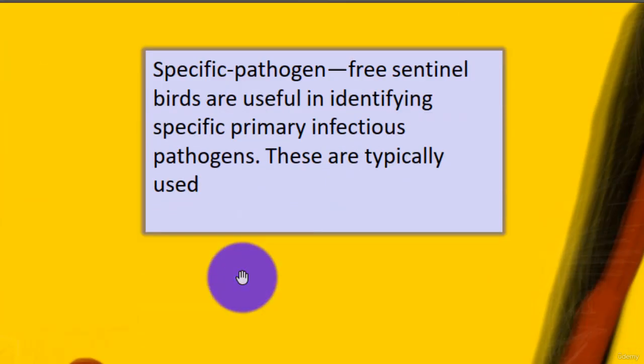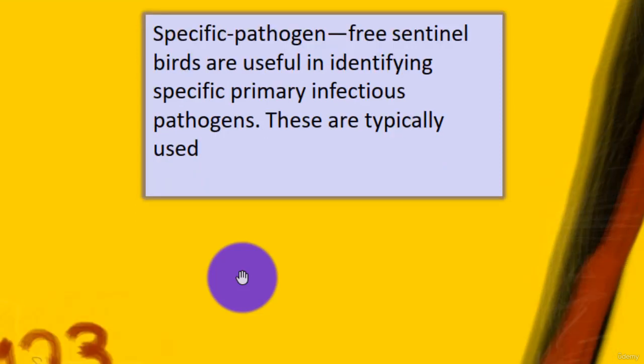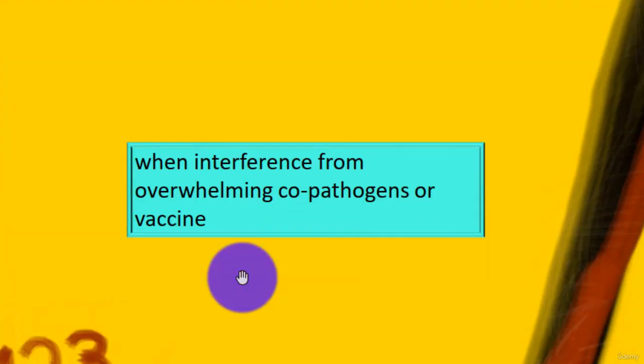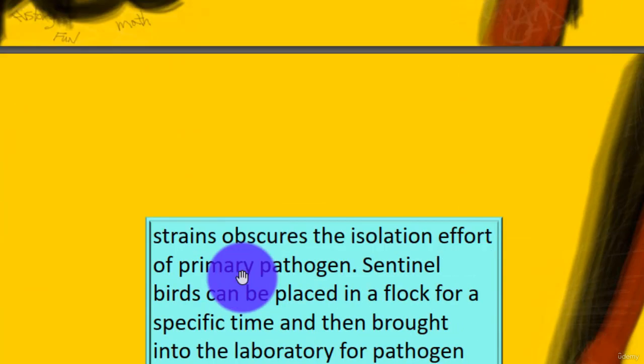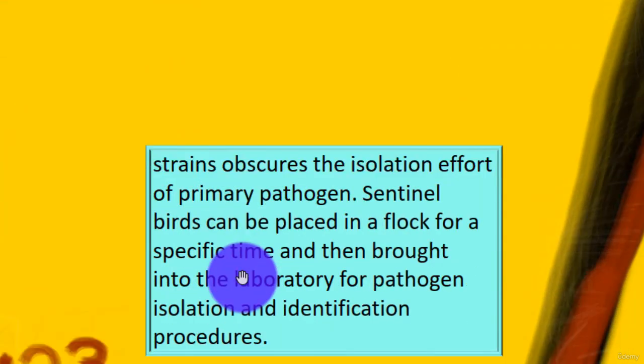Specific pathogen-free sentinel birds are useful in identifying specific primary infectious pathogens. These are typically used when interference from overwhelming co-pathogens or vaccine strains obscures the isolation effort of the primary pathogen.